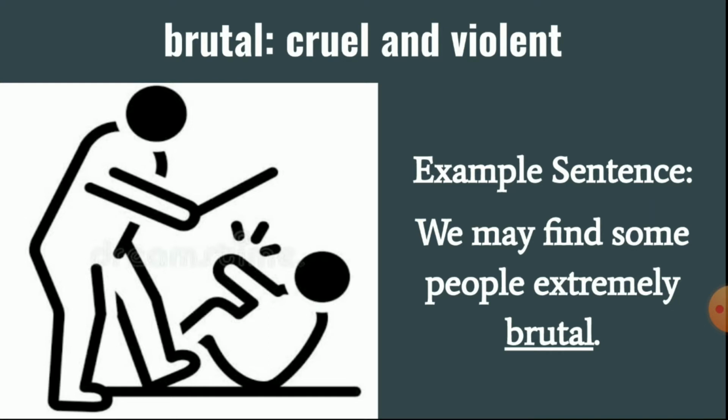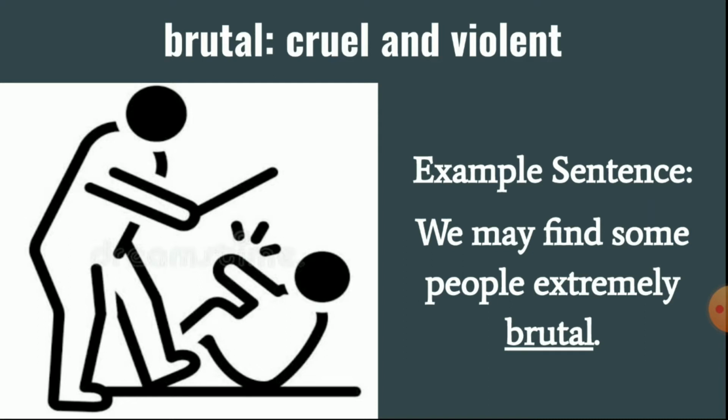Word is brutal. Brutal means cruel and violent. As you can see in the picture, that somebody is hitting somebody. Okay, so that is cruel, that is violent, that is brutal.